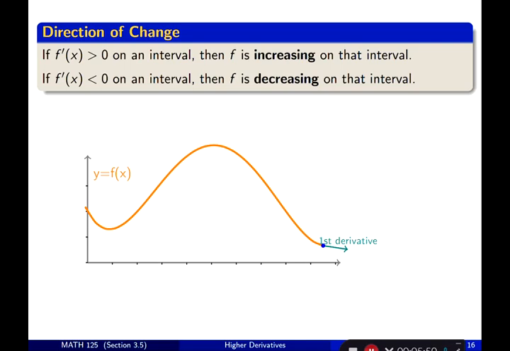When the first derivative is increasing, the derivative of the first derivative is positive. And when the first derivative is decreasing, the derivative of the first derivative is negative. So that's why concave up is the second derivative positive, concave down is the second derivative negative.